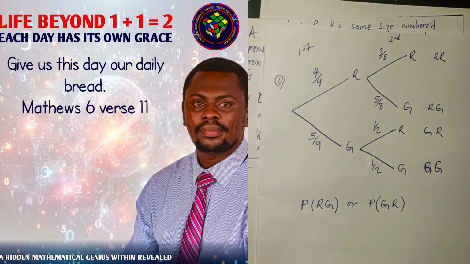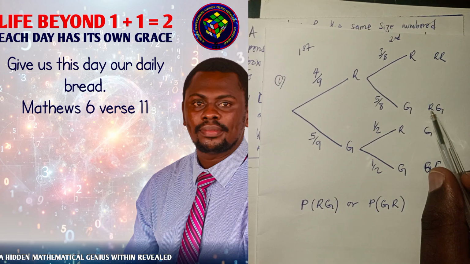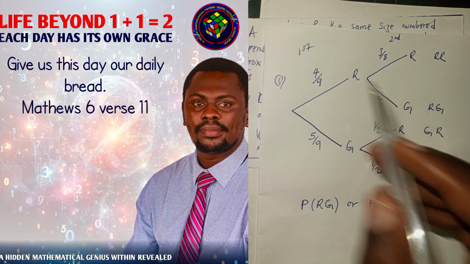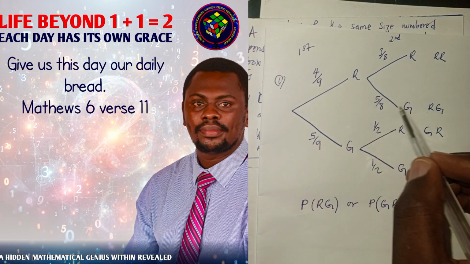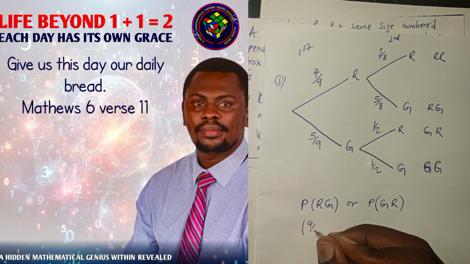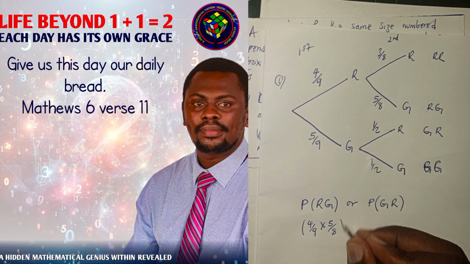So in probability, 'or' means addition and 'and' means multiplication. Here we have red and green, and the two probabilities will multiply. So red and green is 4 over 9 times 5 over 8.